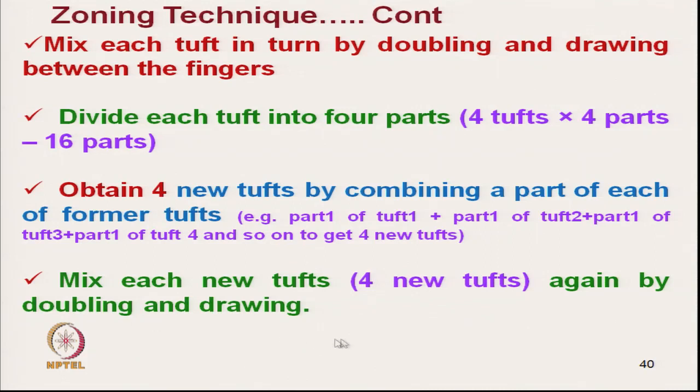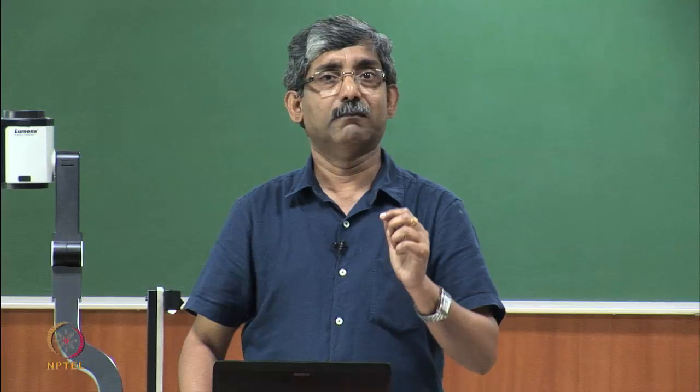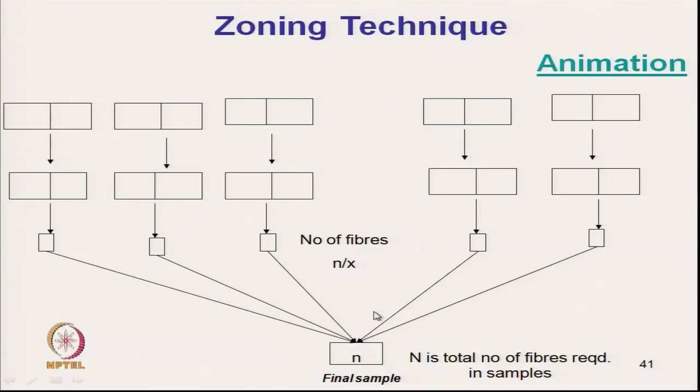Mix each new tuft, 4 new tufts, again by doubling and drawing. In this way the zoning technique will continue. Take a quarter from each tuft, and then by again discarding we will get the final sample.